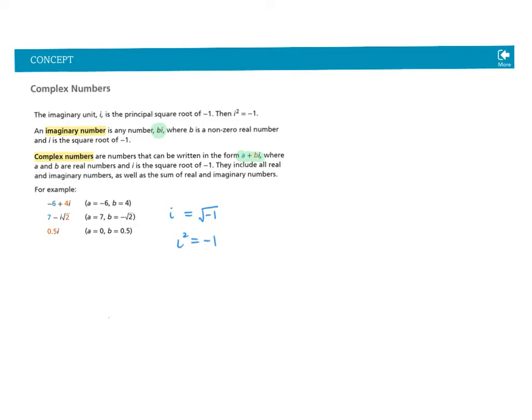So now I have a real number component, and then I have an imaginary number component to it. And so if I have a plus bi, where a and b both are real numbers, and i is the square root of negative 1, that's what we call complex numbers. So let's see how we use this or how we simplify this going forward.